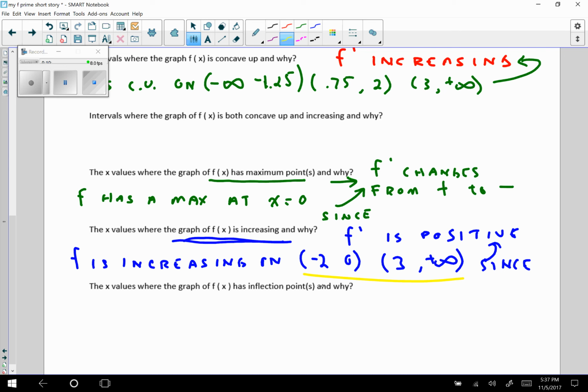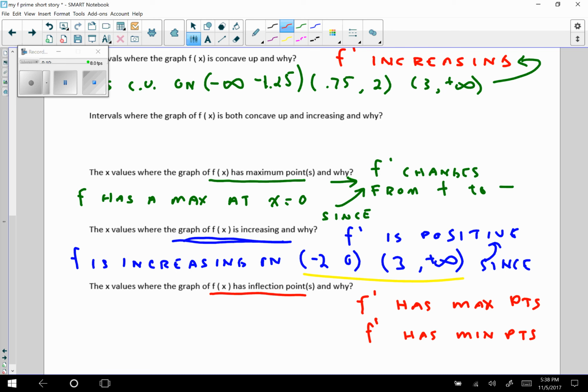And I'll finish quickly with this last question here. The x values where the graph of f has an inflection point. If I notice from my cliff notes, f has an inflection point, given the graph of f prime, where f prime has maximum points, or where f prime has minimum points.